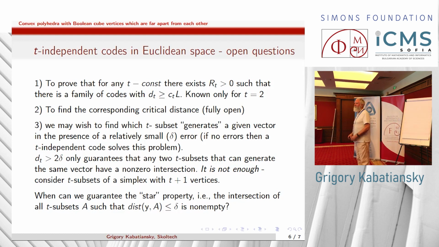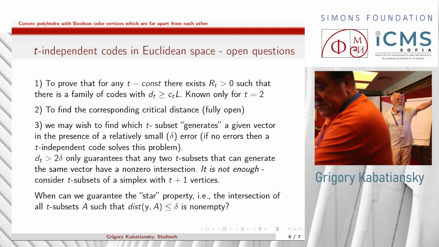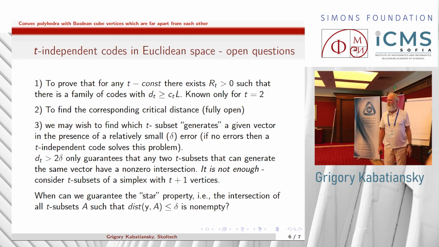More questions? So in this problem one, L is the square root of the dimension, right? Yes, it's just to think that if you replace the cube with any spherical code, L is the radius of the sphere on which the points lie. Then you conjecture the answer is yes, right? Yes.